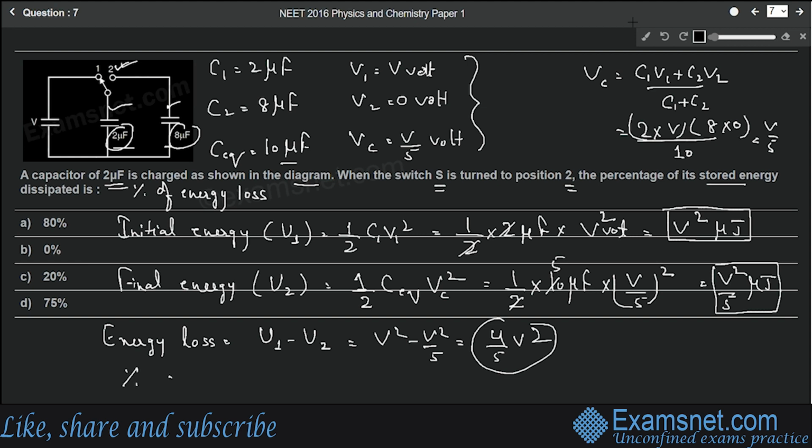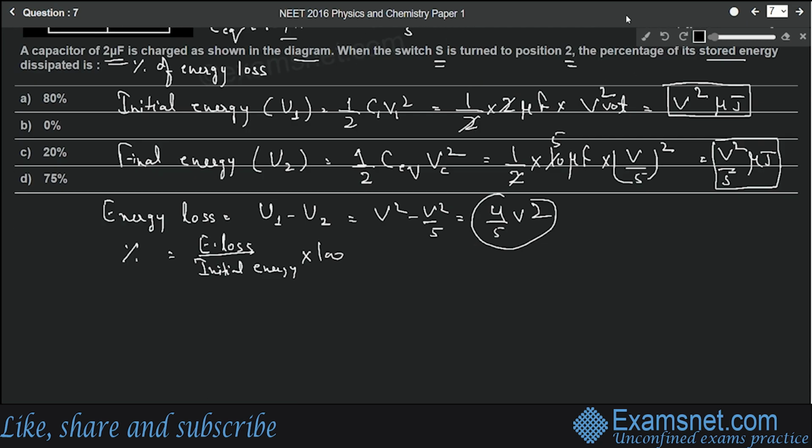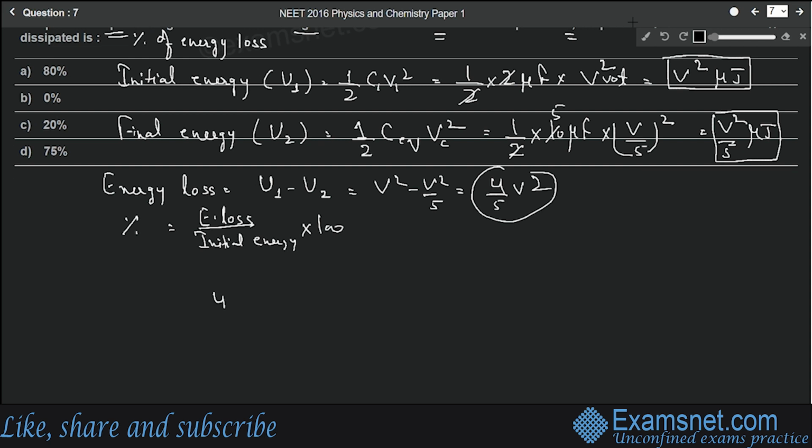So percentage will be equal to energy loss upon initial energy into 100. Energy loss is 4 by 5 V square, initial energy was V square only, right, into 100. So that is equal to 4 by 5 into 100, that is 80%. So this is the percentage of energy dissipated or percentage of energy loss.